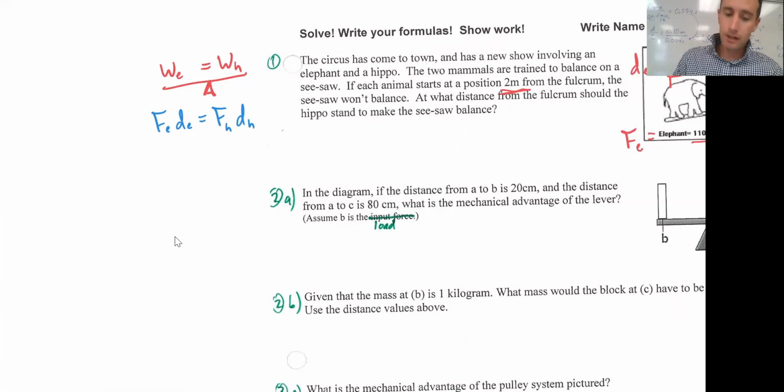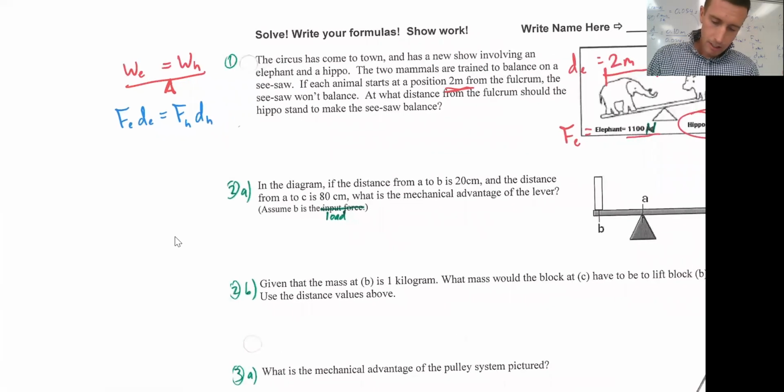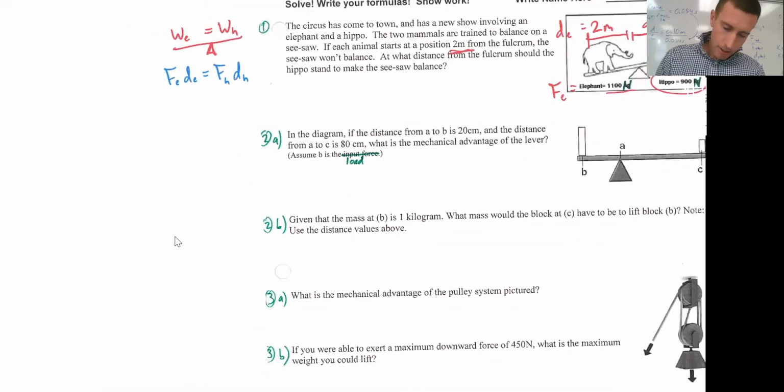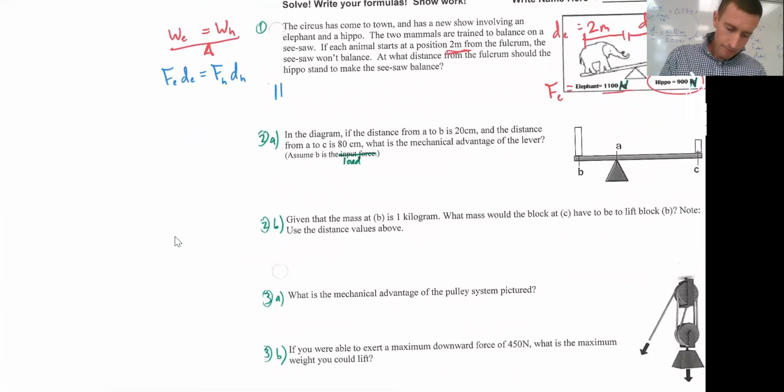Now I just need to plug in those values. The force of the elephant is 1100 newtons. So I'm going to do 1100 newtons times the distance of the elephant, which was 2 meters, equals the force of the hippo, that was 900 newtons, times the distance of the hippo, and that's what I'm trying to solve, d sub h.